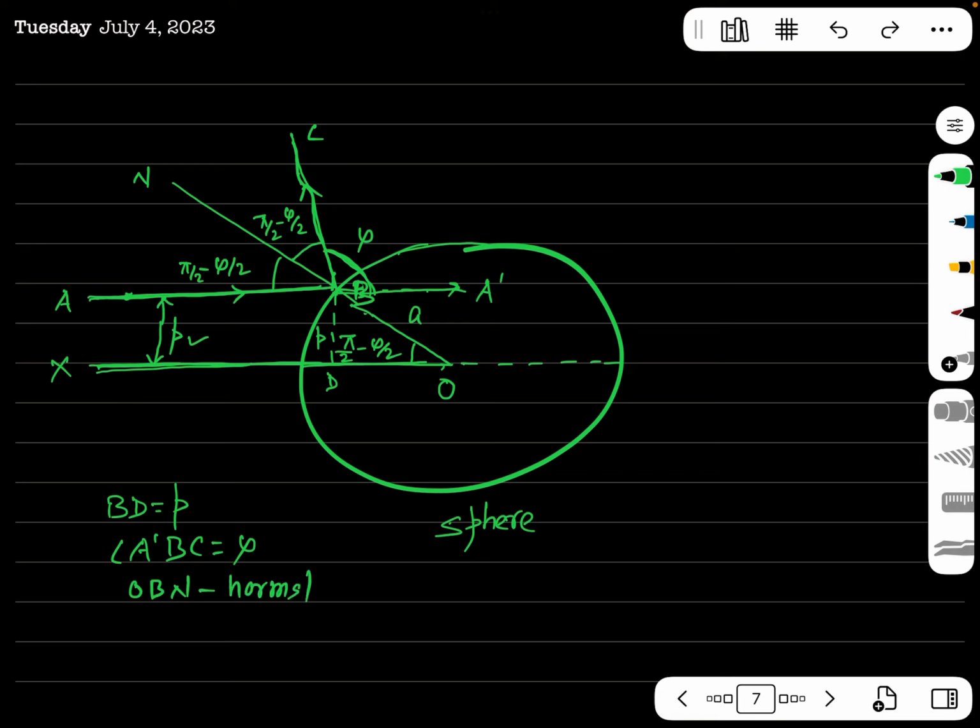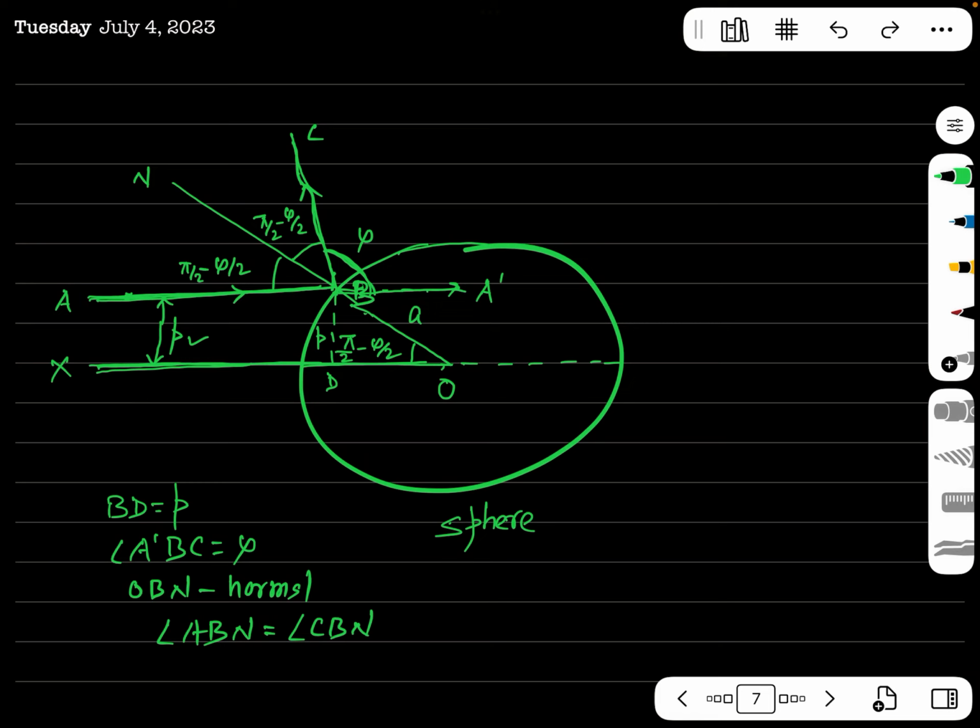Since the collision is elastic, the angle of incidence, which is angle ABN, will be equal to the angle of reflection, because in elastic collision our particle follows the laws of reflection of light. So angle ABN will be equal to angle CBN.